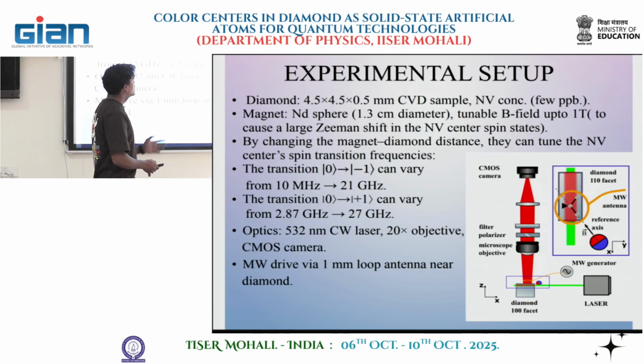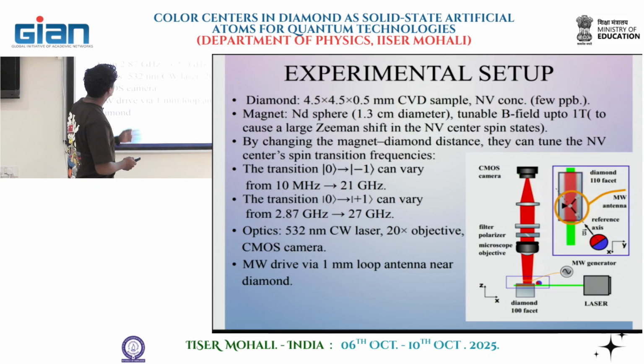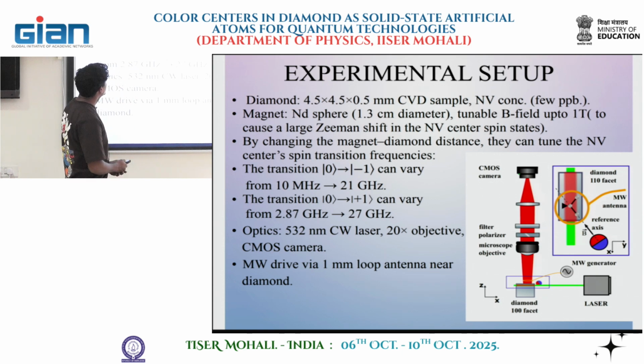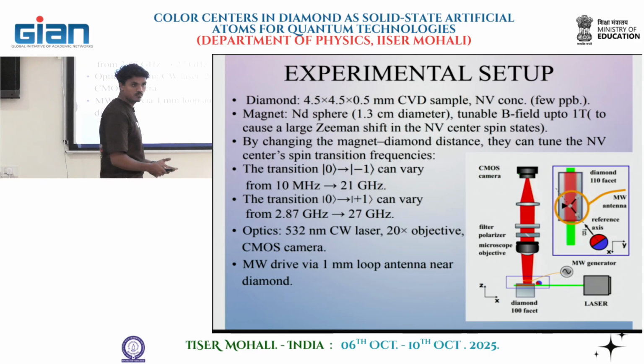Next, this is the experimental setup. We use a CVD diamond sample with NV centers, and a neodymium magnet sphere with a 1.3 centimeter diameter and tunable magnetic field, which provides up to 1 Tesla.